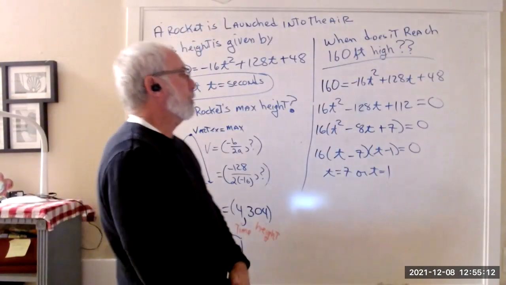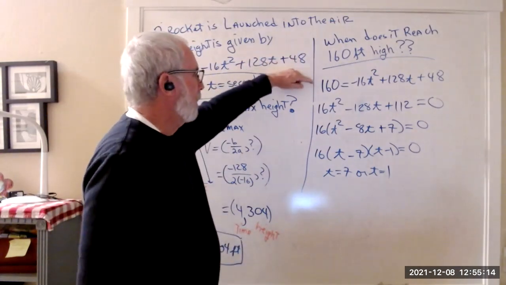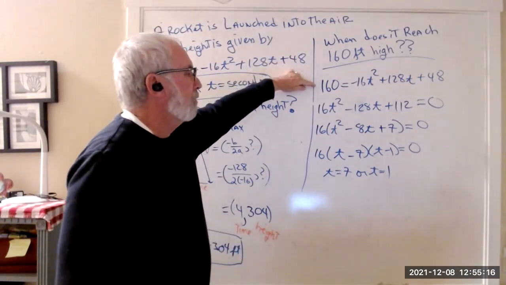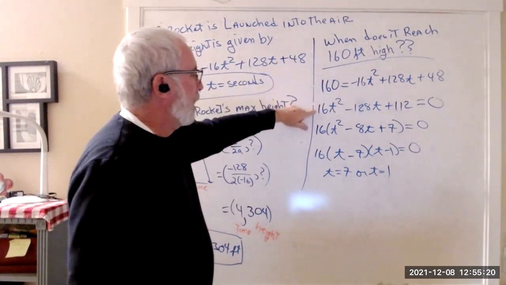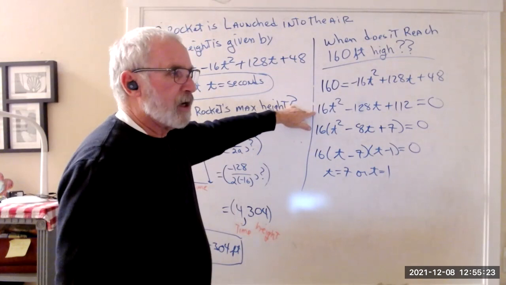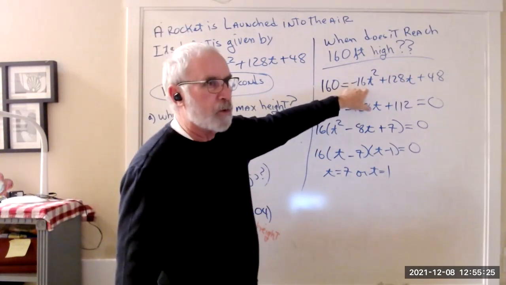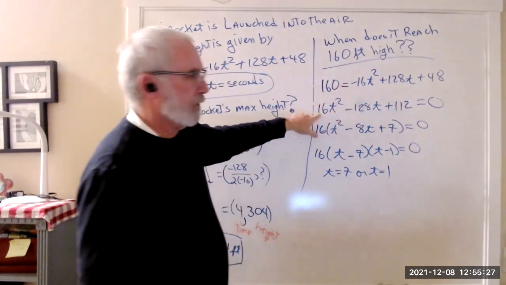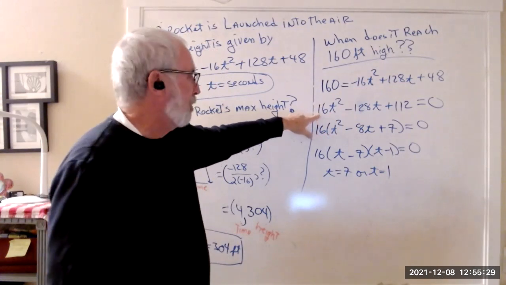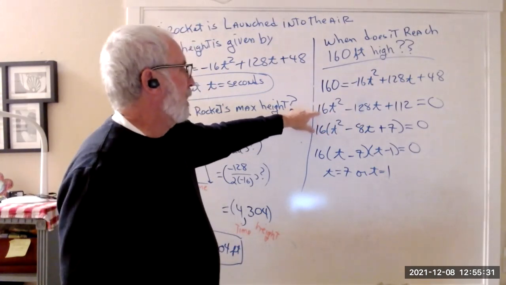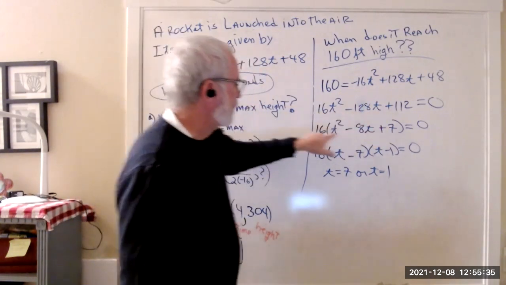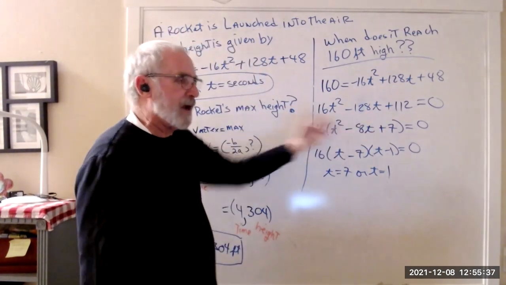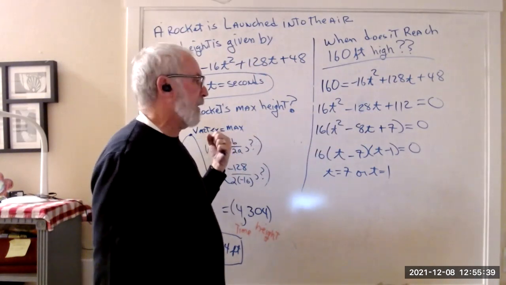While the recording was off, I did this. We had set H equal to 160. I moved everything to the left-hand side because I like my t-squareds to be positive. That's just an idiosyncrasy on my part. I noticed everybody divides by 16, so I factored 16 out.